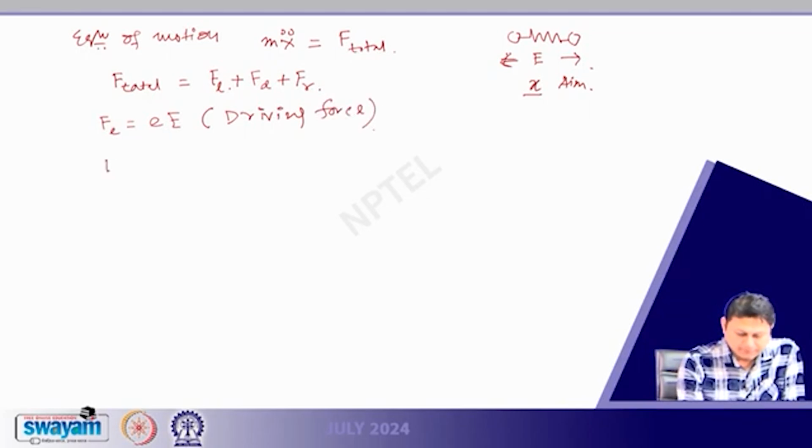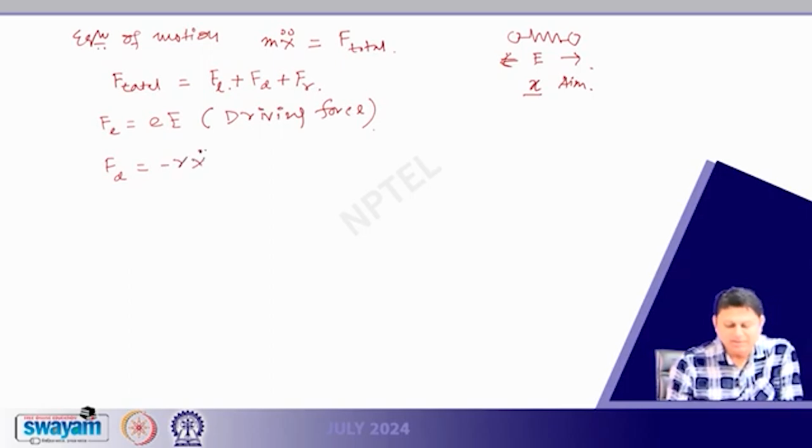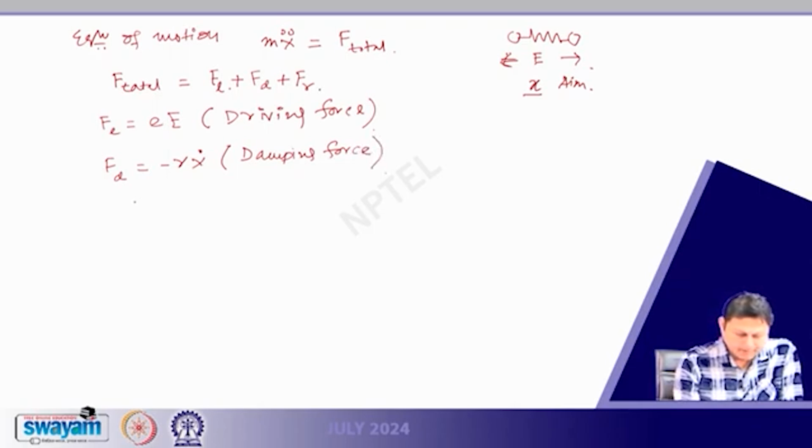Then we have the damping force, FD. The damping force, we know it is proportional to the velocity. So, proportionality constant, I write gamma, and velocity x dot. So, it should be a damping force. And then we have the restoring force.